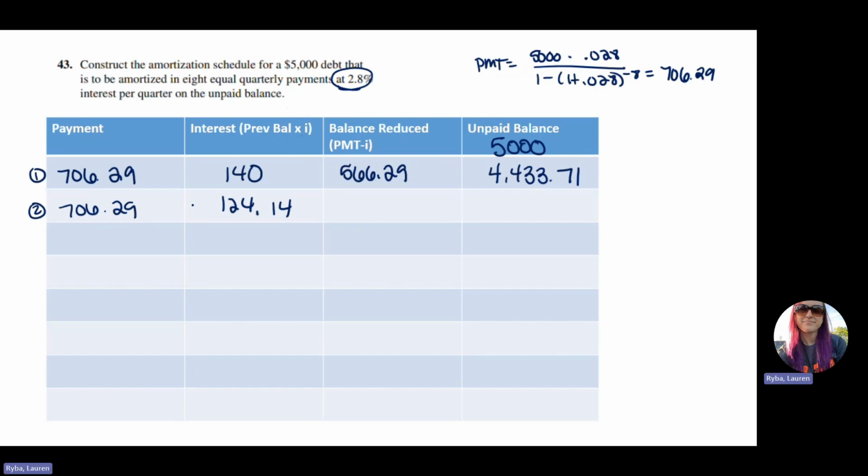You do the subtraction here. This minus this is going to get you to how much your balance is reduced, $582.15. Then you subtract this from your previous balance, $3,851.56.